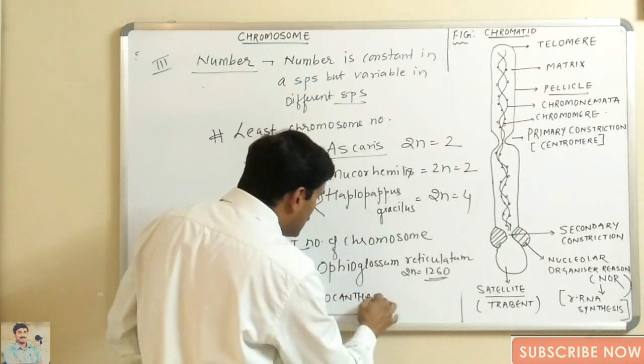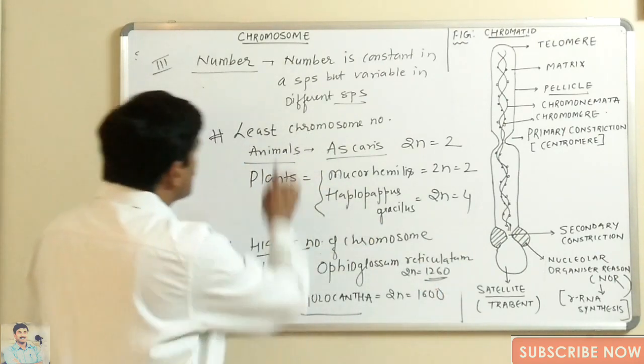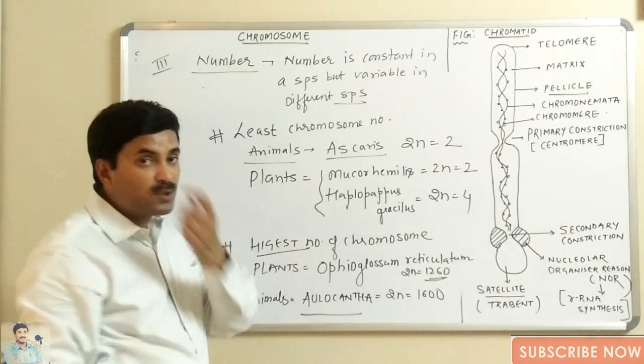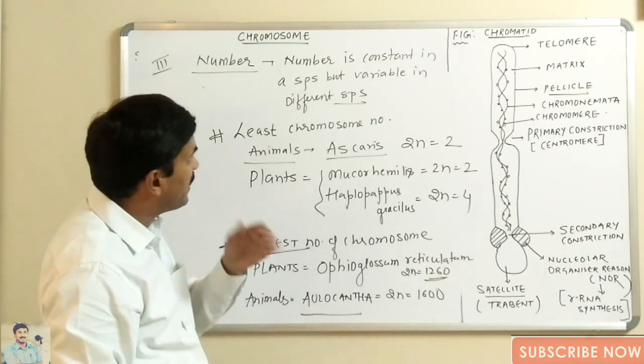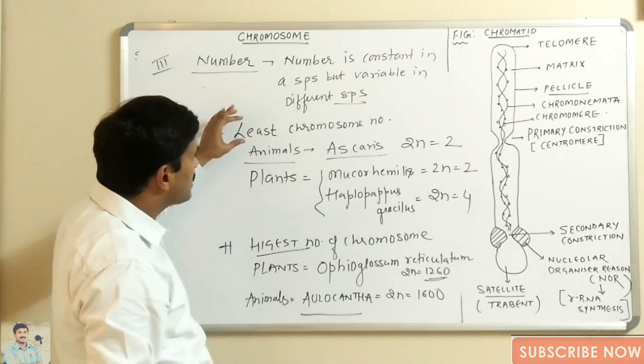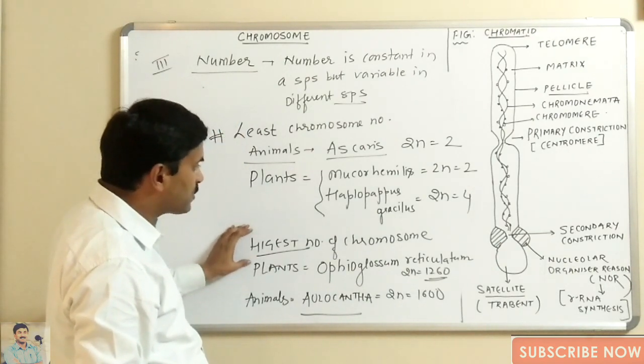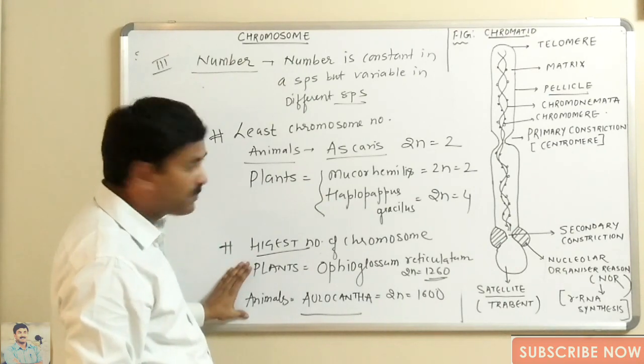In Aulacantha, the number of chromosomes is 2n = 1600. Okay, so we know that the number of chromosomes is constant in a species, but it varies from species to species, and you must remember the least number of chromosomes in plants and animals, and you must know the highest number of chromosomes in plants as well as animals.